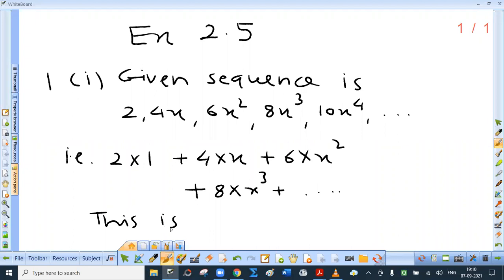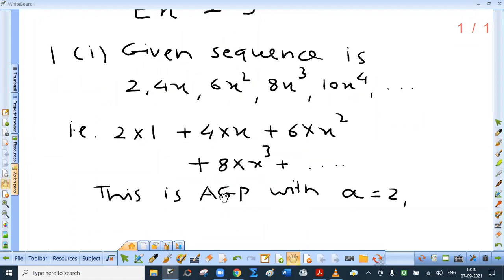This is AGP with, these are standard notations, small a is 2. What is common difference? 4 minus 2 is 2. Can you tell me what is the common ratio? Common ratio is x.